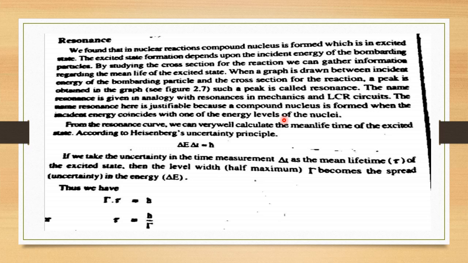From the resonance curve, we can calculate the mean lifetime of the excited state. According to Heisenberg's uncertainty principle, delta E times delta T is approximately h cross.